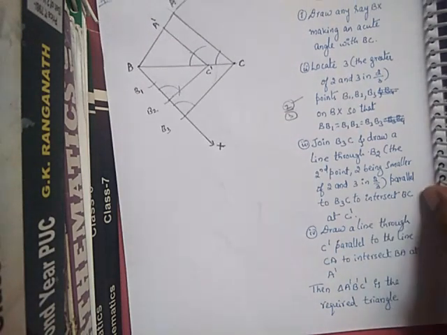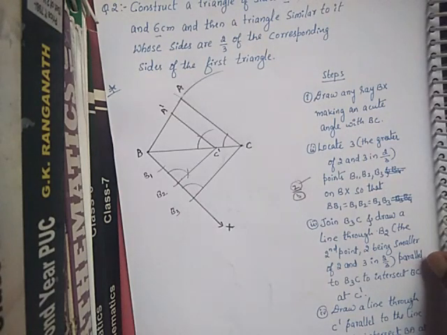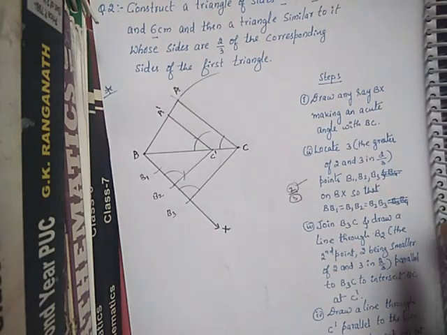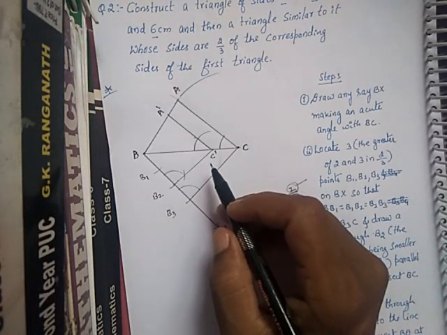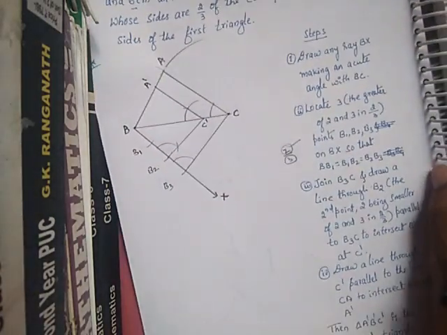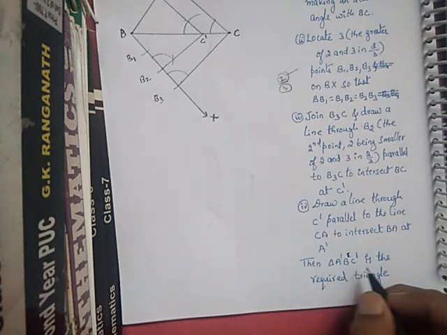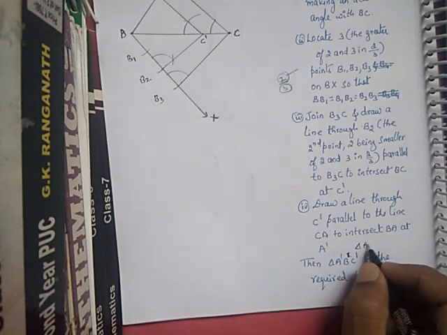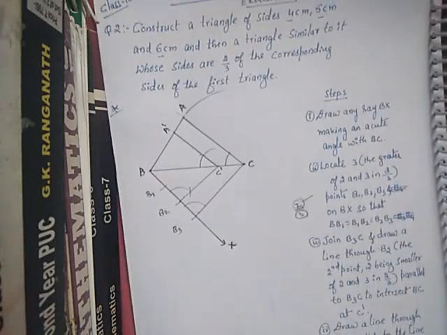So here it is not dash, it is A dash B C dash, triangle A dash B C dash. Okay, so now which triangle is it?